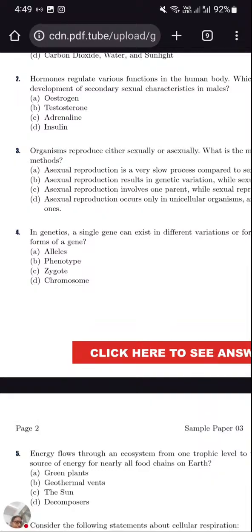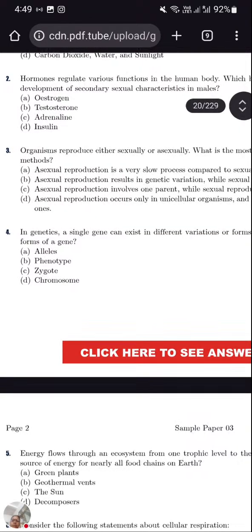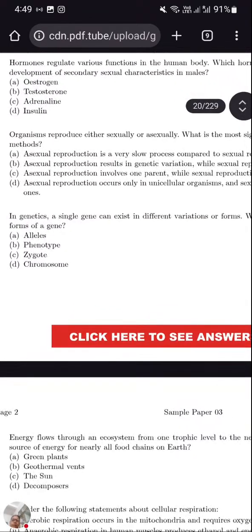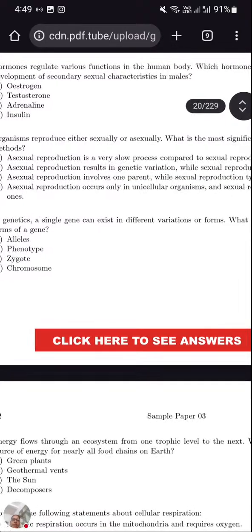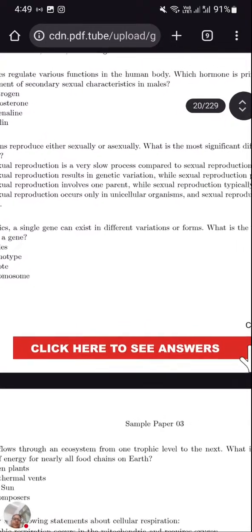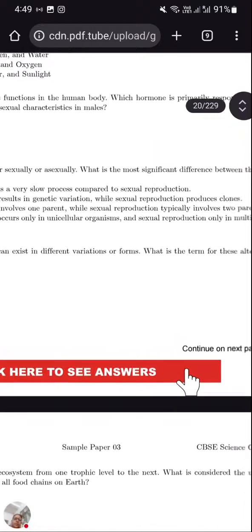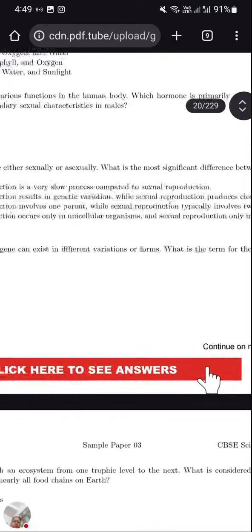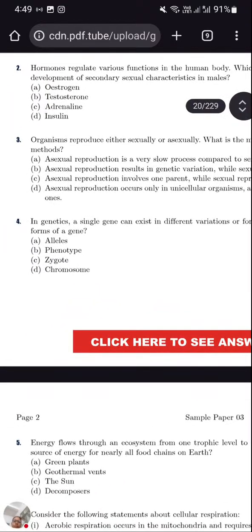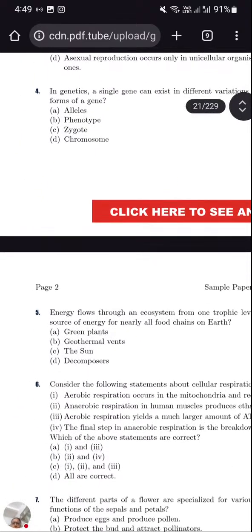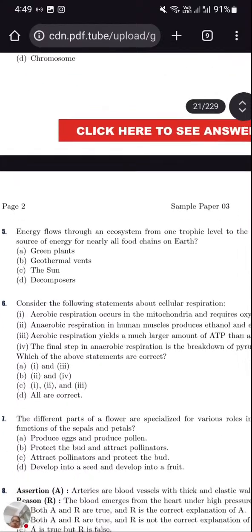Now the fourth question, in genetics, a single gene can exist in different variations or forms. What is the term for the alternative form of the gene? We call it an allele. Option number A. Now question number 5.